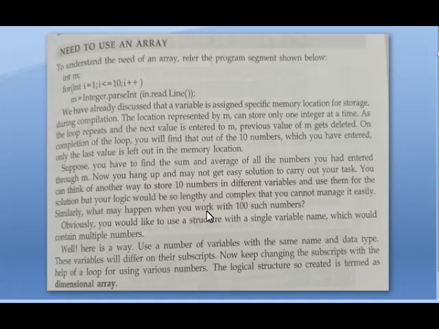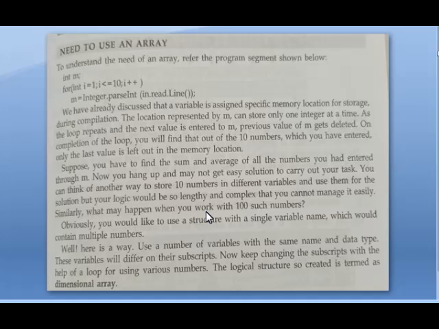Suppose you have to find the sum and the average of all the numbers you have entered through m. You may get stuck and not find an easy solution for your task. But if we are storing the values in an array, we are able to see all the values one by one at each and every index.